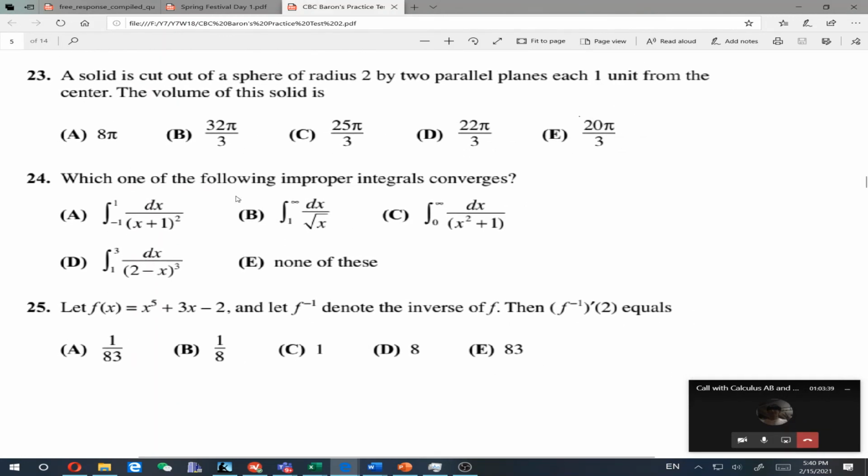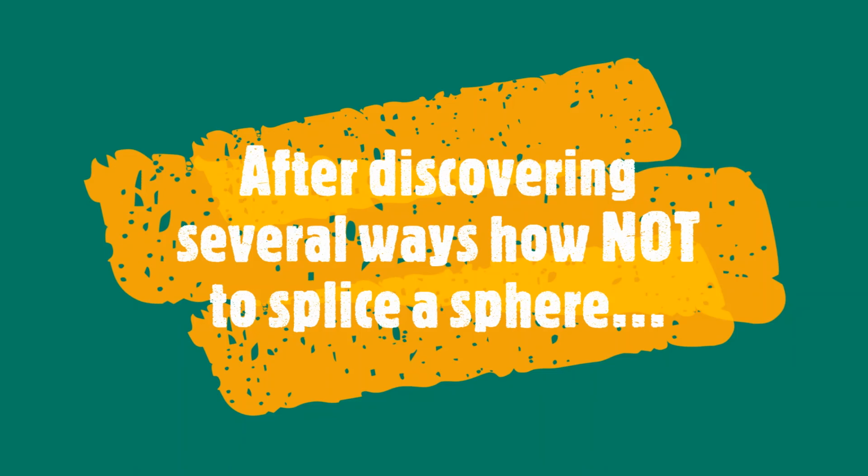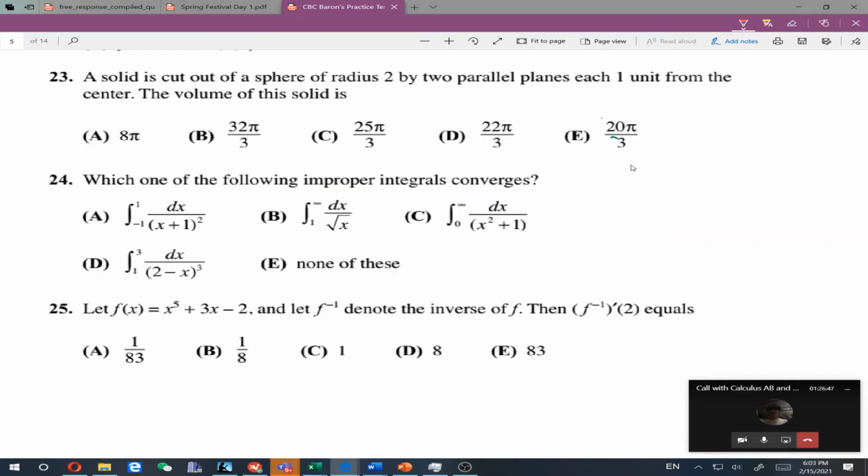Okay, a solid is cut out of a sphere of radius 2 by 2 parallel planes, each 1 unit from the center. What is the volume of the solid? I've got something like this. X squared plus y squared equals 4 at the center of our sphere for this circle.